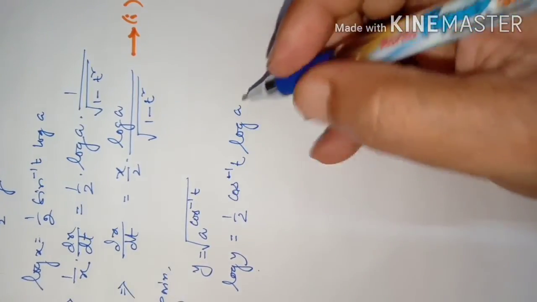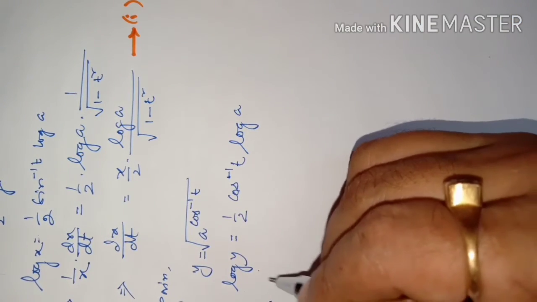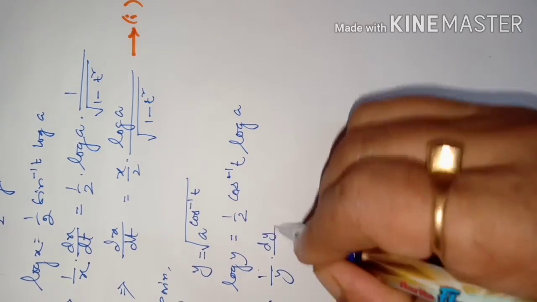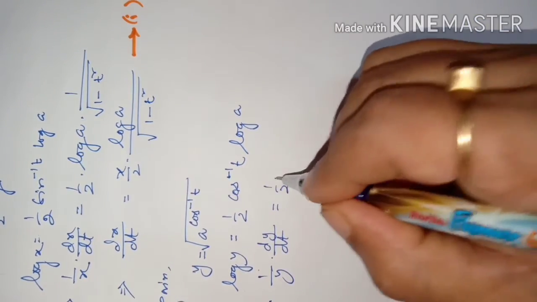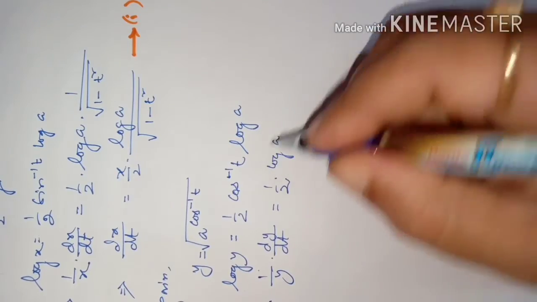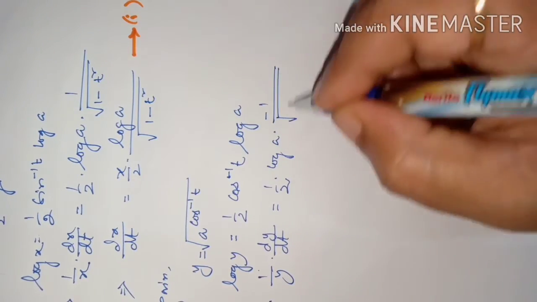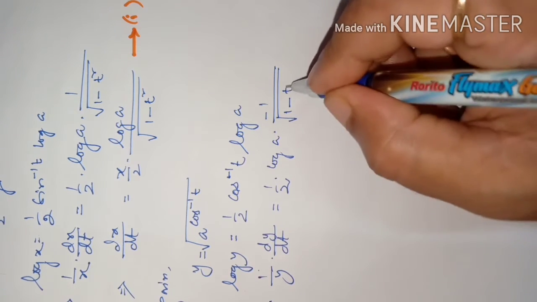Then this log a is constant, so taking derivatives of both sides, 1 by y into dy by dt is equal to half log a cos inverse t, its derivative is minus 1 by under root 1 minus t square.